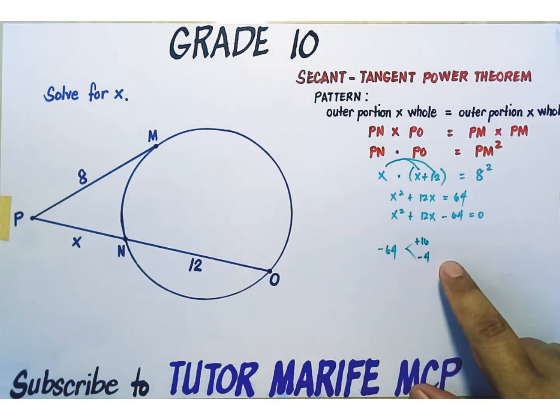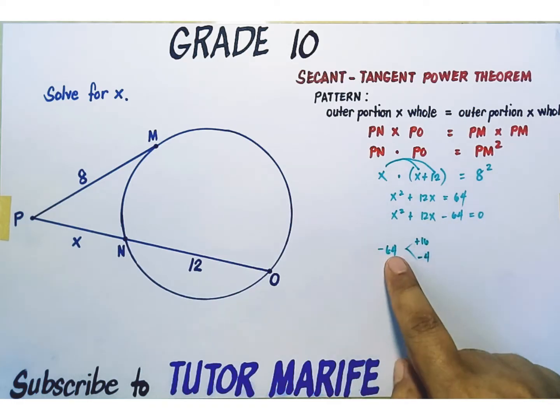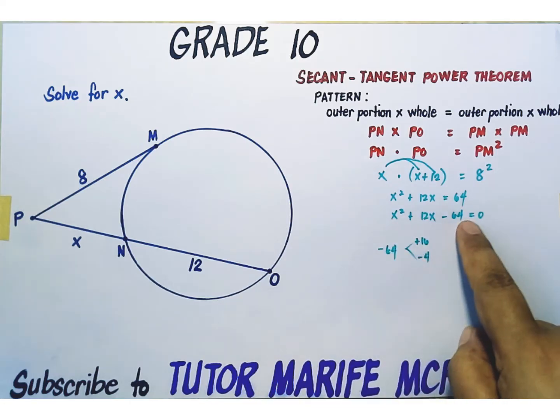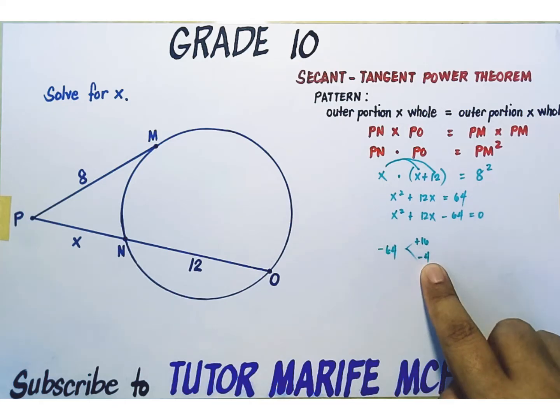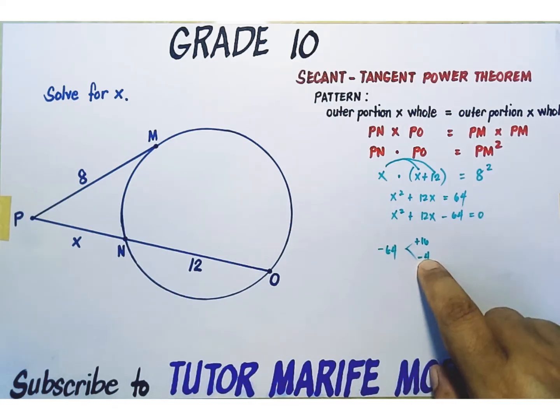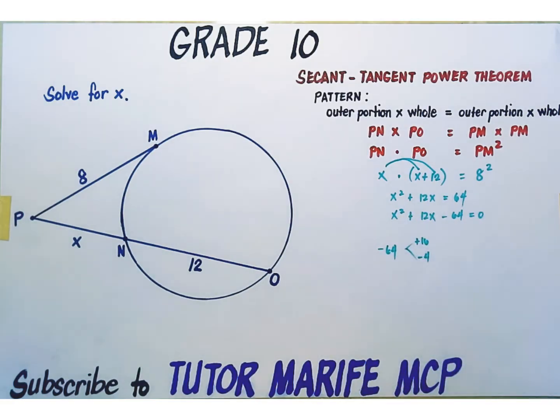Let's double check. If we multiply positive 16 and negative 4, the product is equal to negative 64, which is the same as our constant term. If we add up positive 16 and negative 4, the sum is equal to positive 12, which is the same as the numerical coefficient of x.